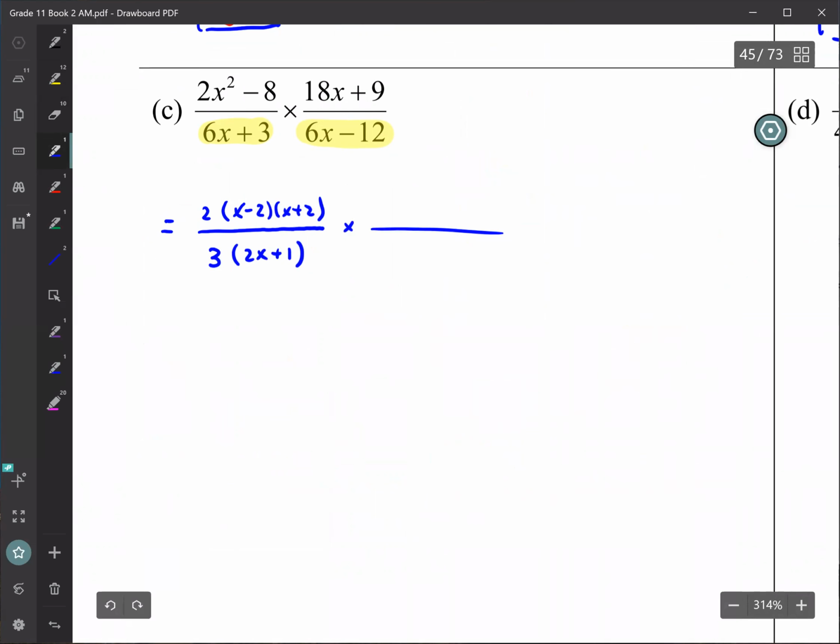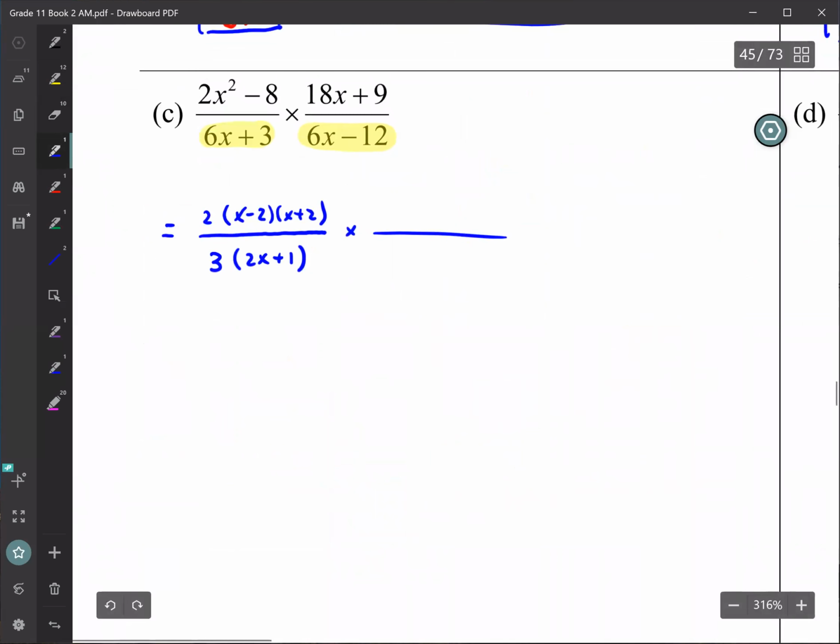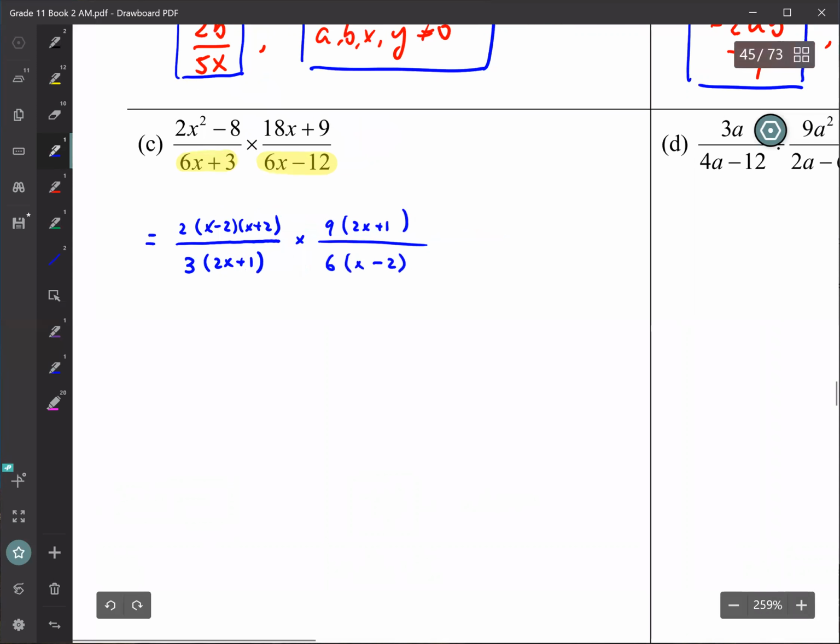And then the second fraction, we can also do GCF. We can take out the 9, 2x plus 1, take out the 6, x minus 2. So this factoring, just doing the GCF and difference of squares, that's all you need.